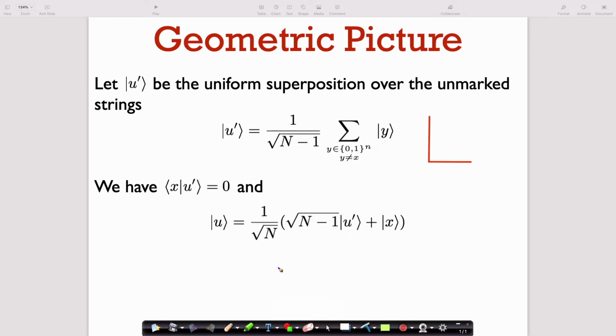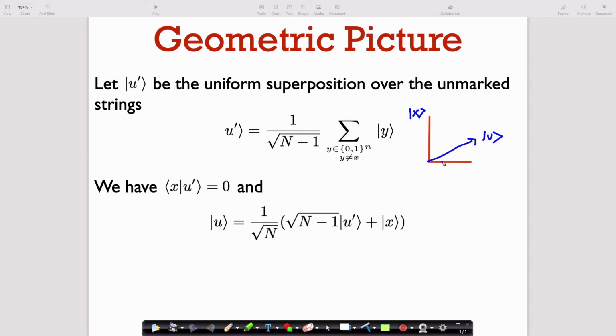So let's look a bit deeper into this two-dimensional plane in which the algorithm is going to take place. As I mentioned before, the two-dimensional plane is spanned by the state x and by the uniform superposition u. But it's going to be convenient, working in this two-dimensional plane, to also know what this vector is: a state in this plane and orthogonal to x.